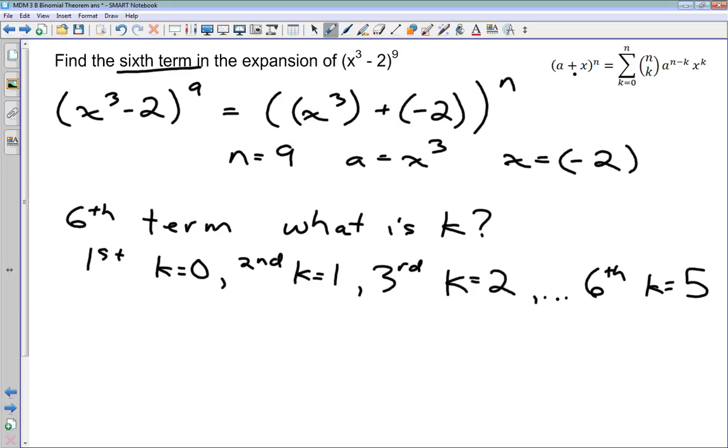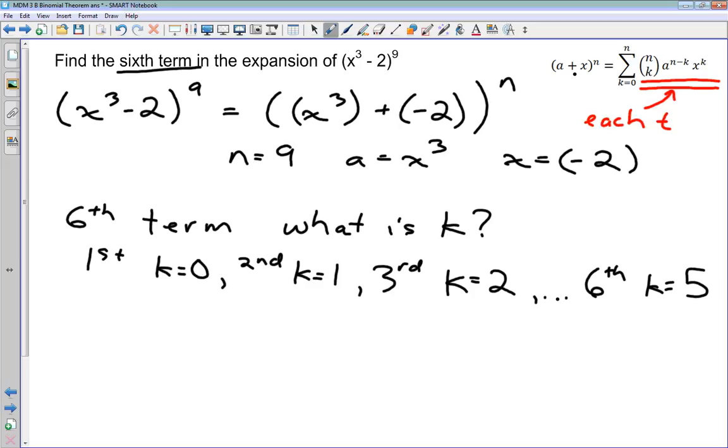Now we know what each term in our binomial expansion is going to look like. A single term is going to be generated by that expression right there, the part that comes after that sum symbol. Just underline it in red here.